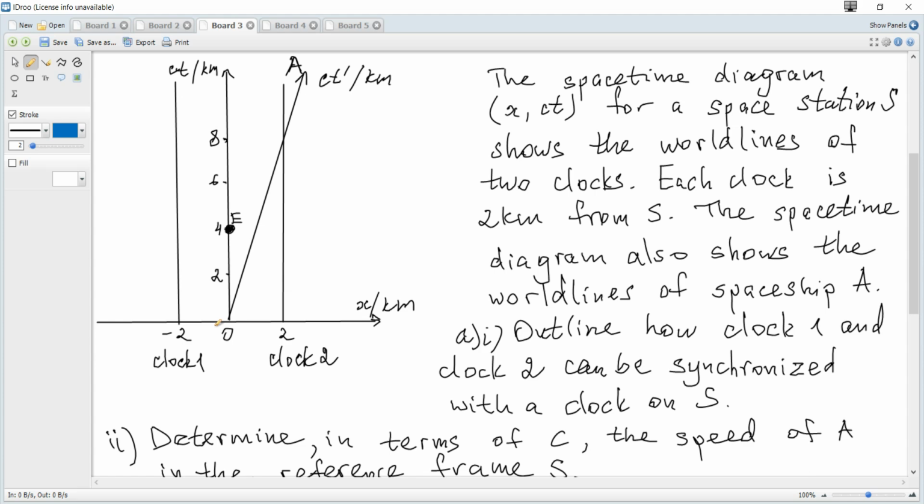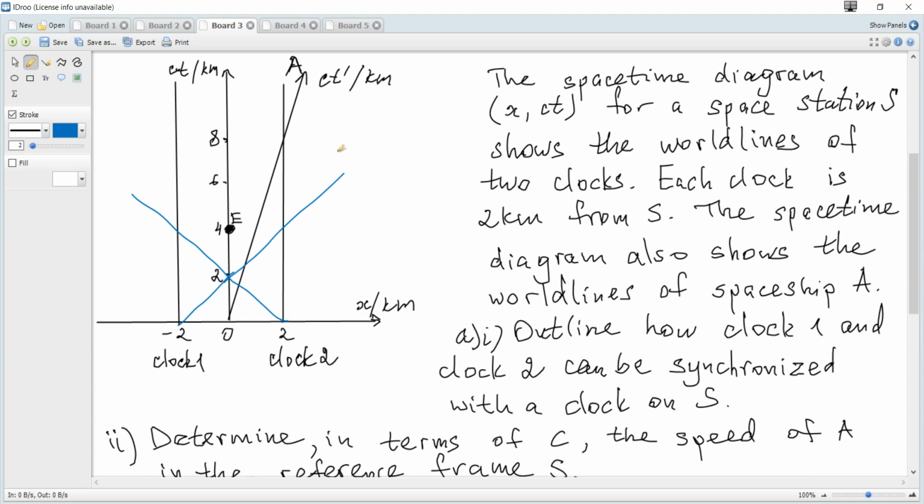For light we draw lines at 45 degrees, and since the clock is at -2, the line goes through 2, at 45 degrees, in this direction, but we don't need the other direction, it can be ignored. For the other clock also at 45 degrees, so it also passes through 0 to this point, and we don't need this part.